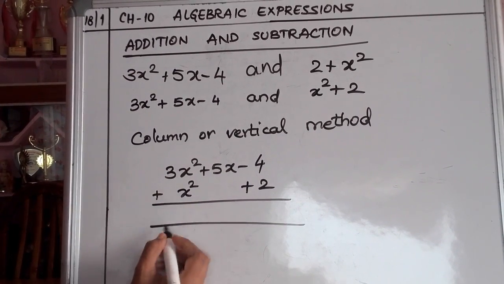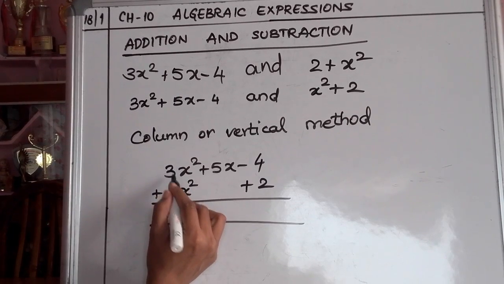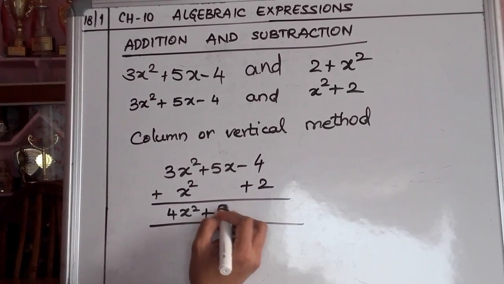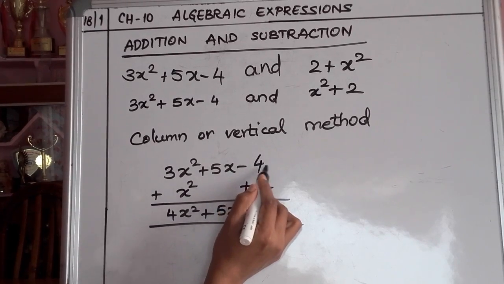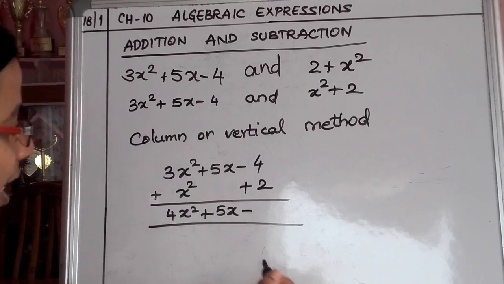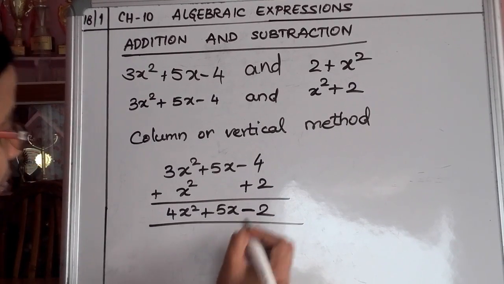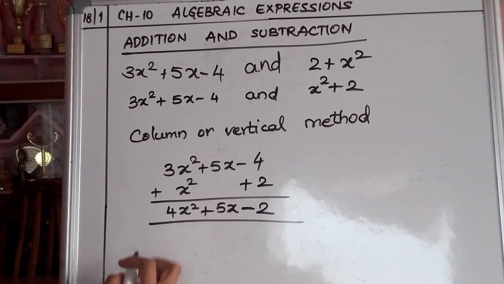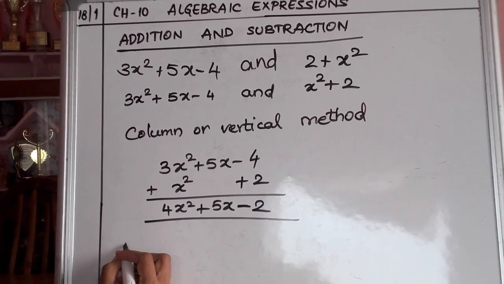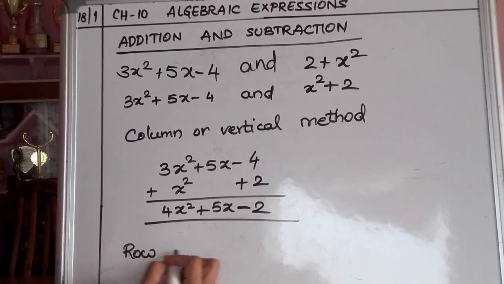So these two you are going to add. So 3 plus 1 is 4x square plus 5x, minus 4 plus 2. Minus 4 plus 2 is how much? Minus 2.